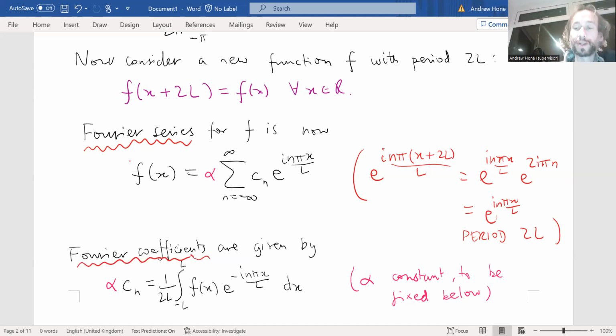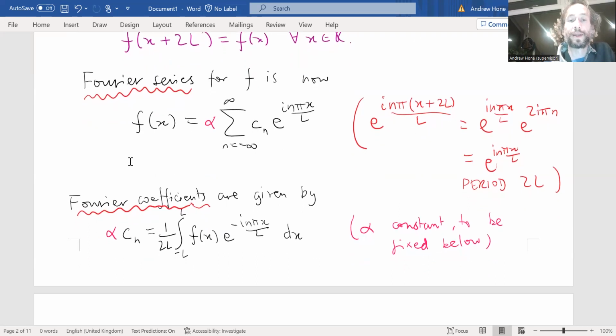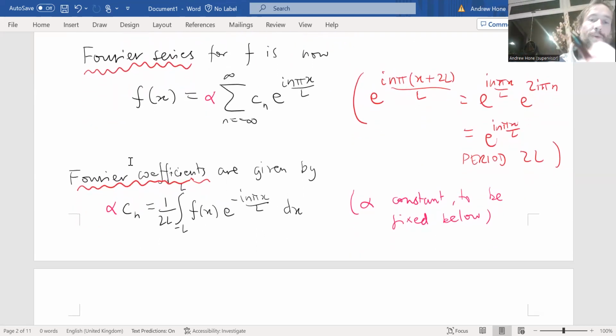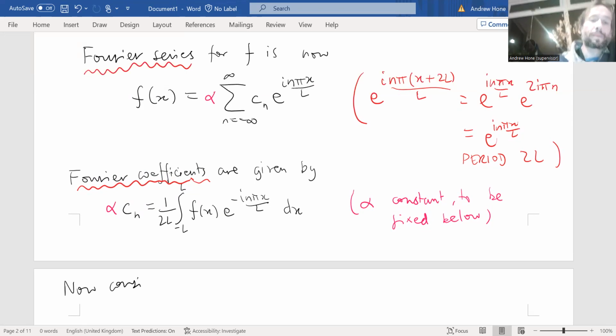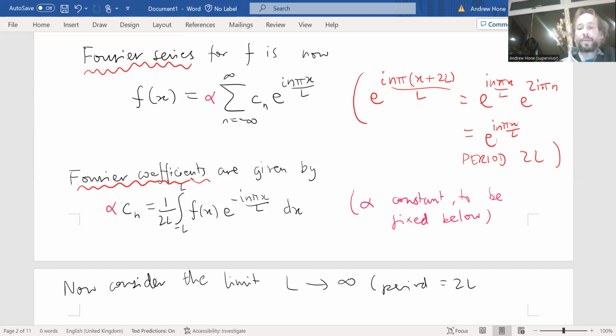So the quantity L, I can take L to infinity. So what we're going to do is now consider the limit when L goes to infinity. So in particular, the period, which is 2L, is also going to go to infinity. That's really the important thing.